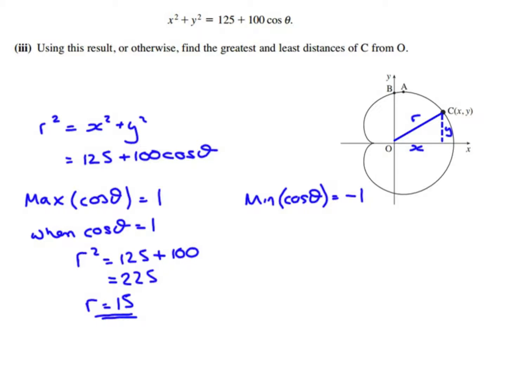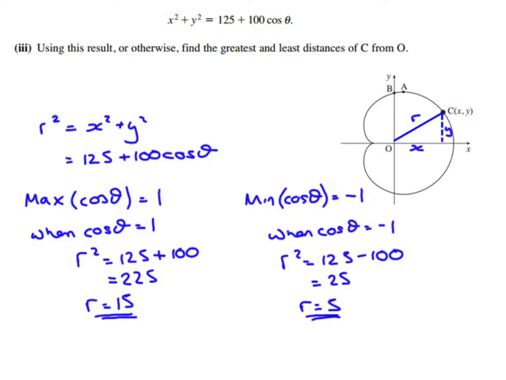Now the smallest that cos theta can be is negative 1. And when cos theta is negative 1, then r squared is equal to 125 minus 100. That's just 25, and so r is equal to 5. So the smallest distance between O and the capsule on this ride is 5.